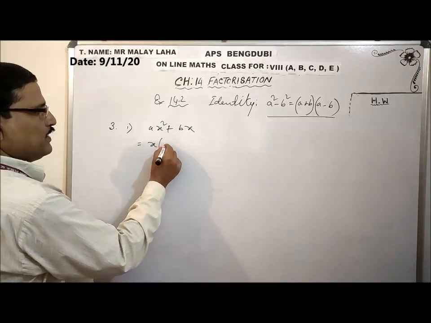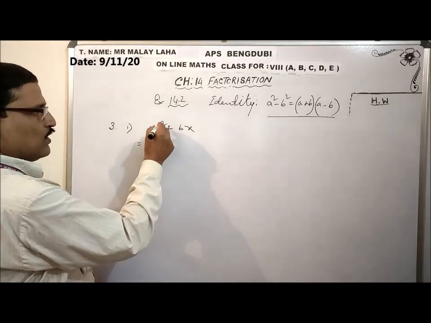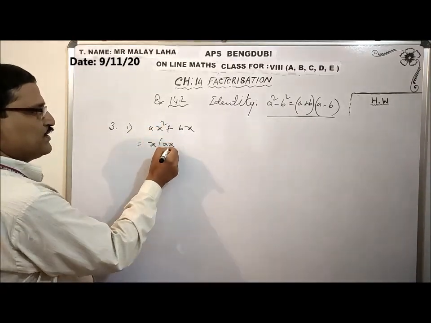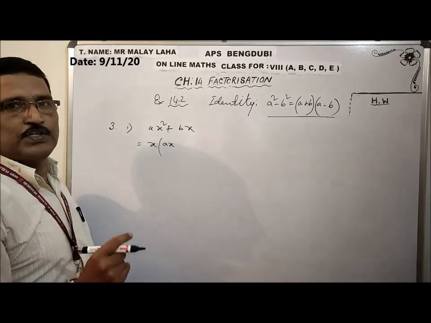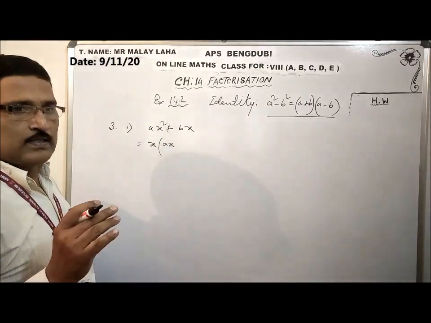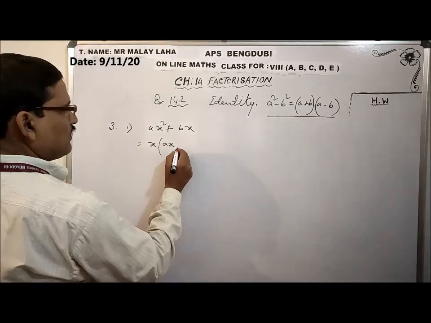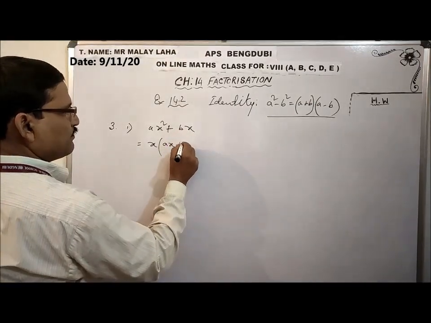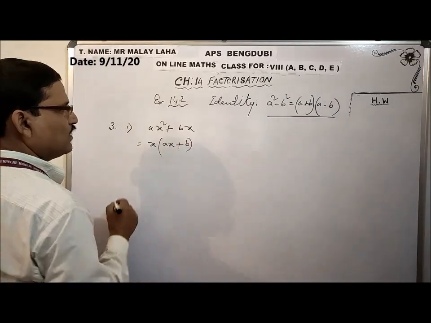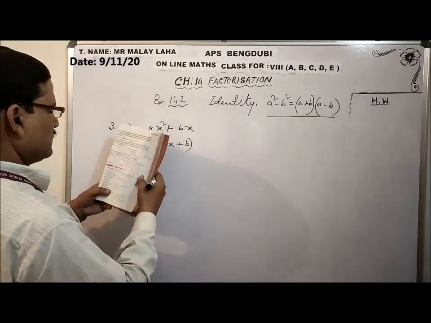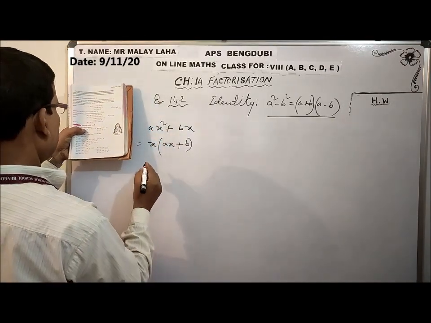Then it will be ax. Earlier the power was 2. Since I have taken common, one power is reduced, 1 is left. So no need to write down the power 1. 1 is the exponent of every rational number. And here if I take common x, x is out, b is left out. Very simple type of calculation.